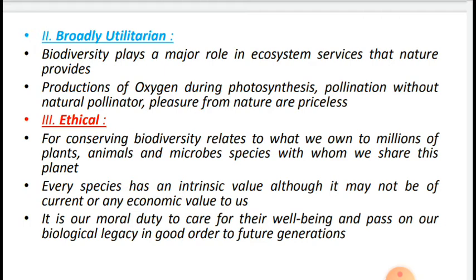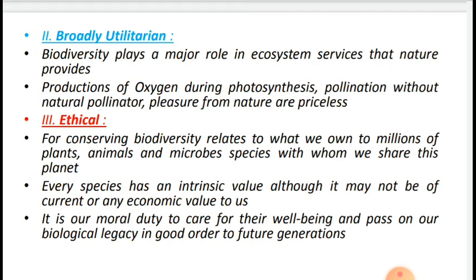So this way we are getting this type of benefits from our ecosystem. There is actually no economic evaluation of this, but its value is very important for us. So many products we are getting this way from our ecosystem, from our atmosphere.